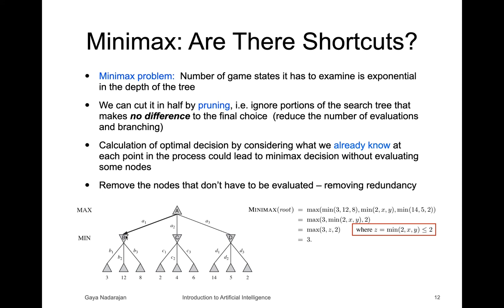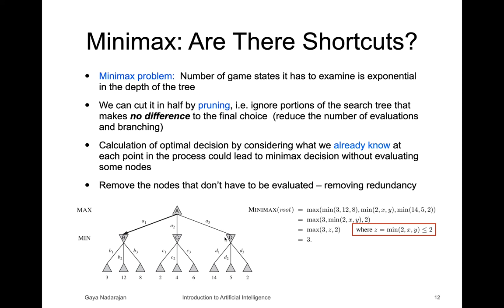Can those values help us traverse the tree, and give us a clue whether taking the next move is even worth it at all, because maybe that move has a bad effect for one of the players? This is the idea of alpha beta pruning, which we will introduce in a bit.